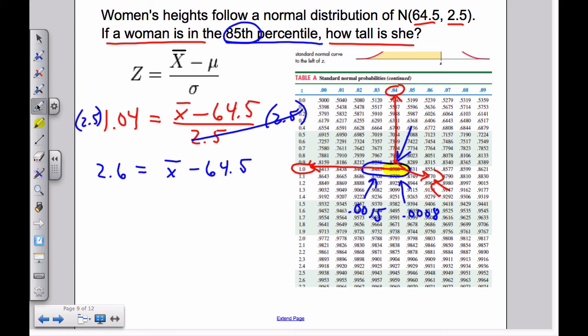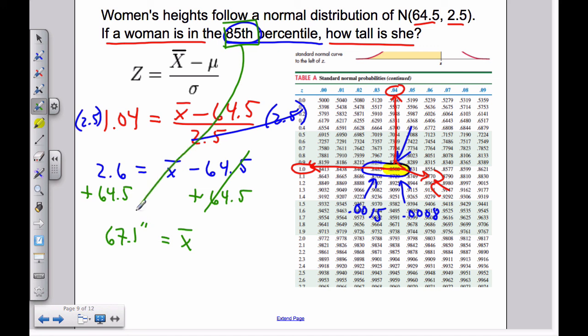I'm solving for x bar, so I'm going to add 64.5, and whatever you do to one side, you need to do to the other, so I'm going to add 64.5 to the left side. These two will cancel, leaves me with x bar equals 67.1 inches. So a female in the 85th percentile is about 67.1 inches tall.